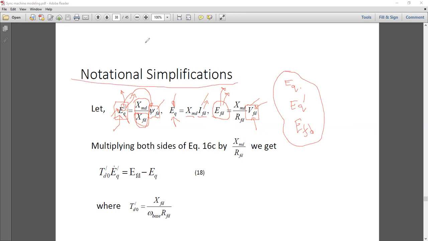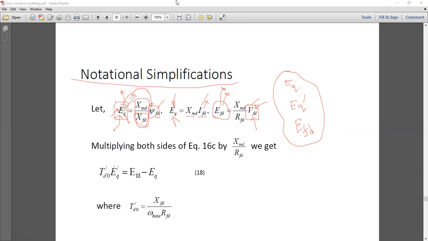Then, for representing our equations in the simplified form with the help of these notations, we multiply equation 16c by this term, and then we get this. Where you see a dot over EQ dash, this dot is the time differential operator. So that means TDO dash d over dt EQ dash equals EFD minus EQ.